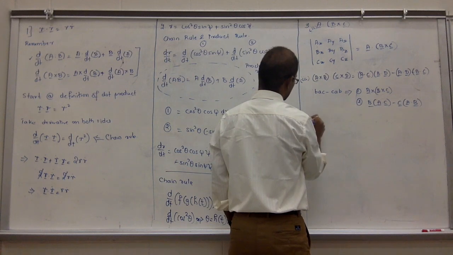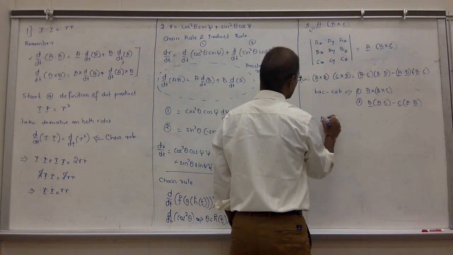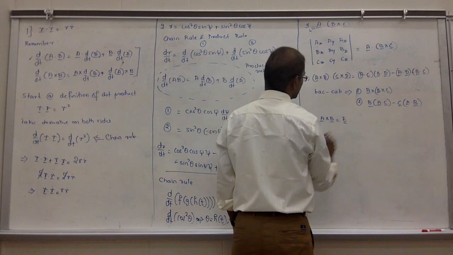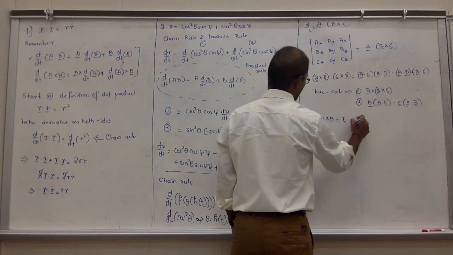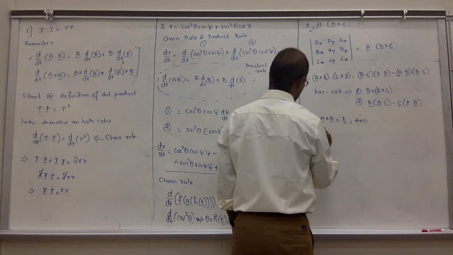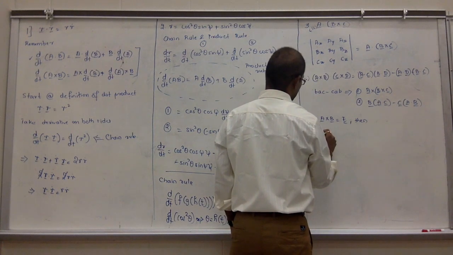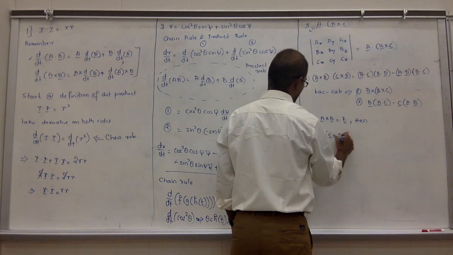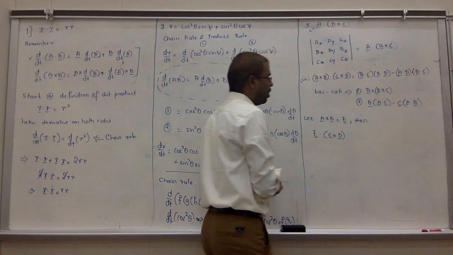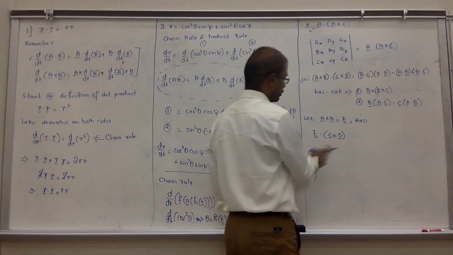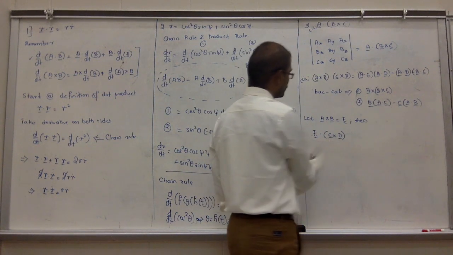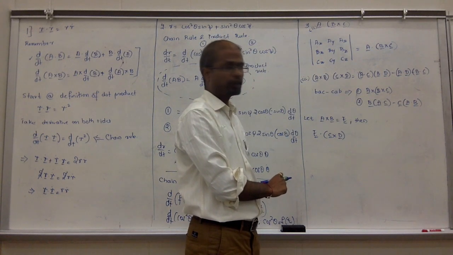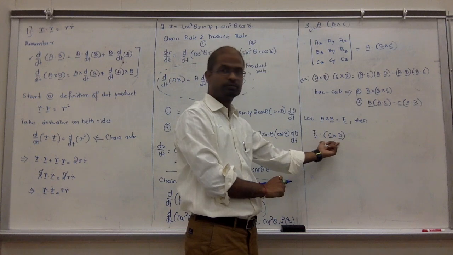So let A cross B be equal to E. Then E dotted with C cross D. Now can you apply the back minus cap rule for this?